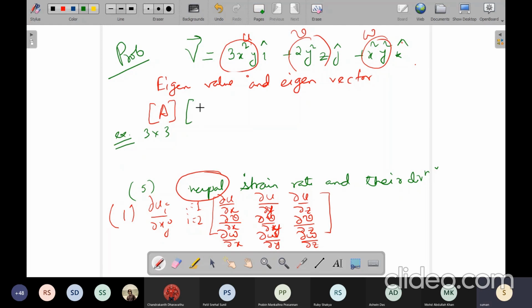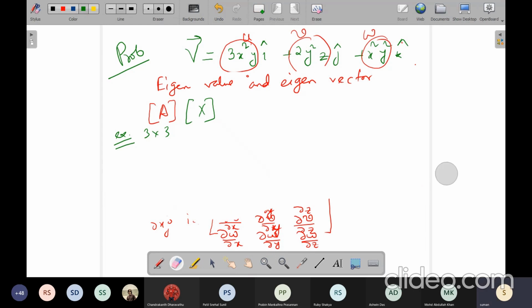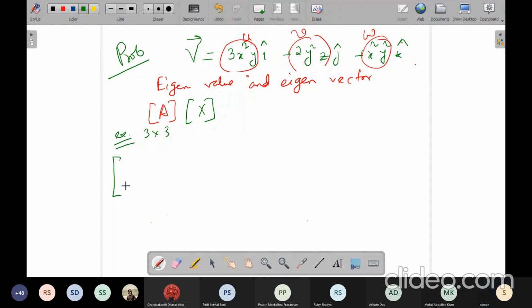Now let us say there is a vector x. If you write it in an expanded form, so how it looks, I will just give you a look so that you will be able to follow it better. So you have A. Its components are A11, A12, A13, A21, A22, A23, A31, A32, and A33.